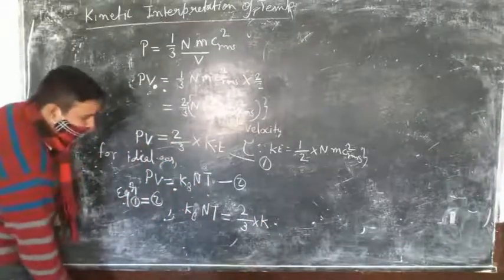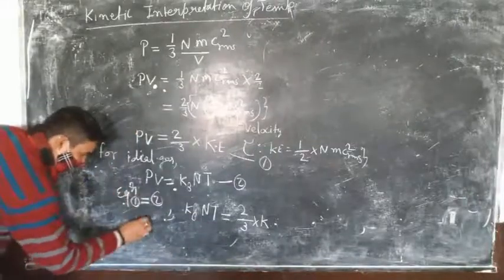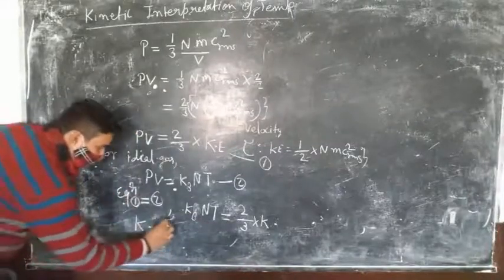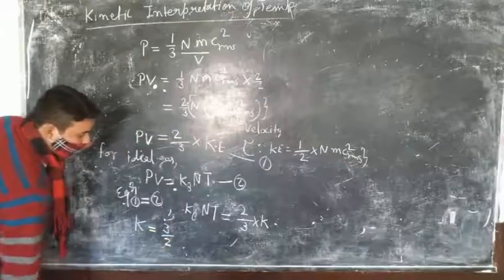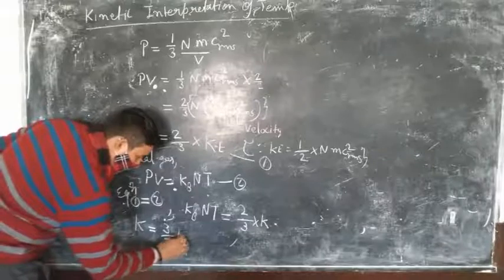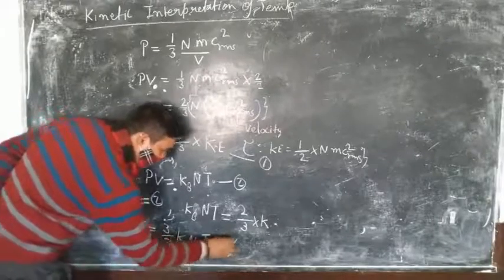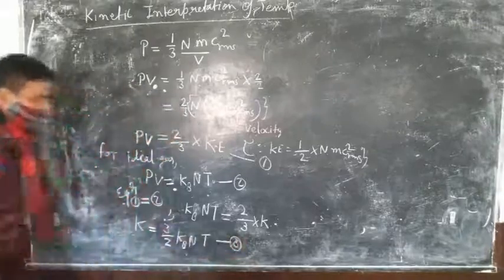Now from here we get the result for kinetic energy is equal to 3 by 2 n KB T. This is your equation third.